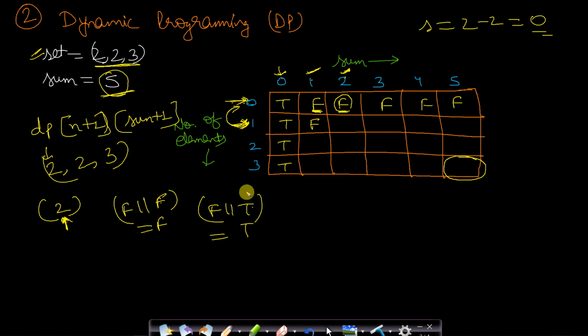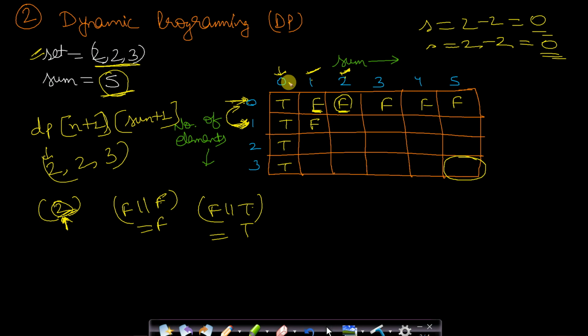It was false. Okay, then we will include it. By including it, the sum required will be decremented by the value 2, since I have included 2. Therefore, the sum to be found was 2, and now I decrement 2 from it, and therefore the sum will be equal to 0.